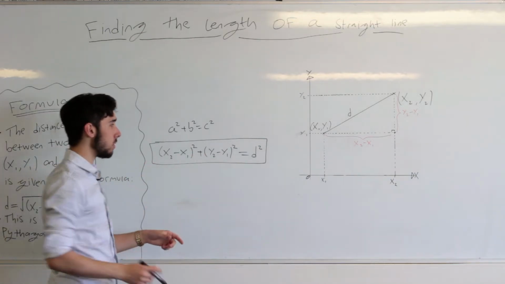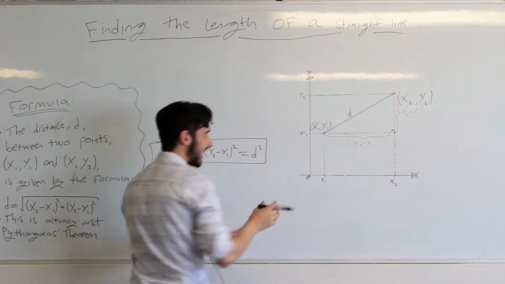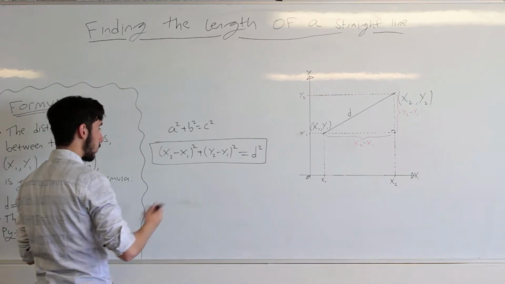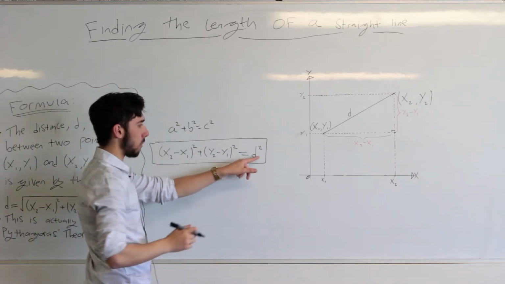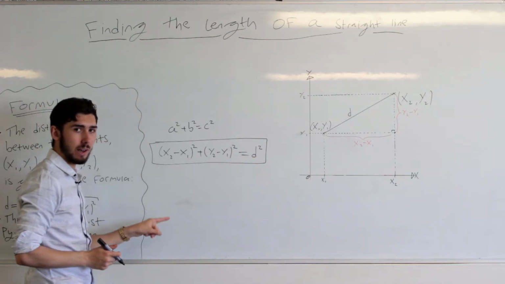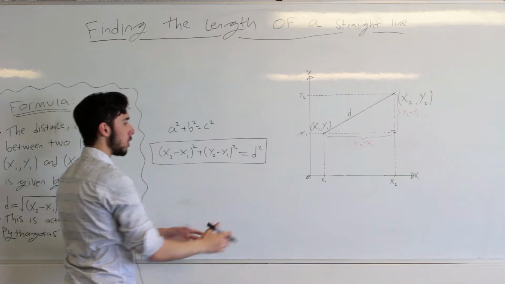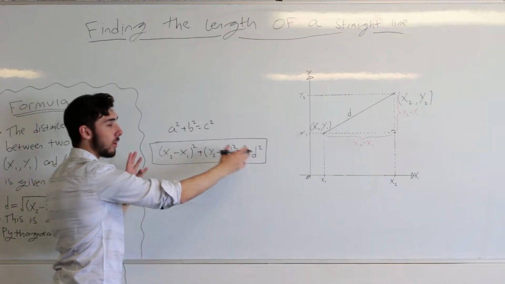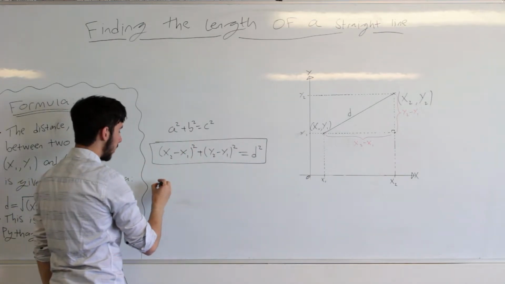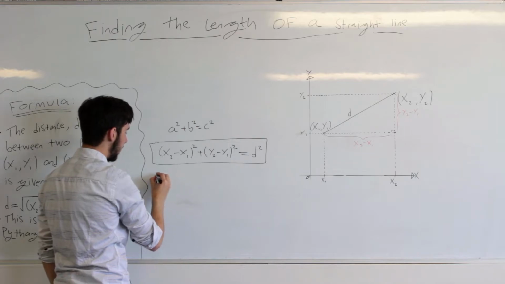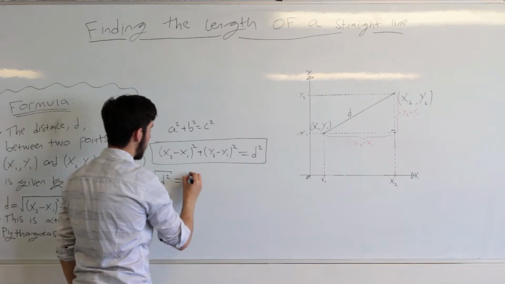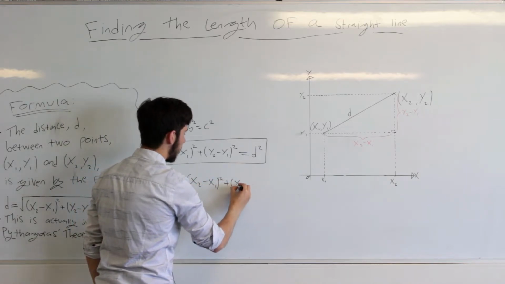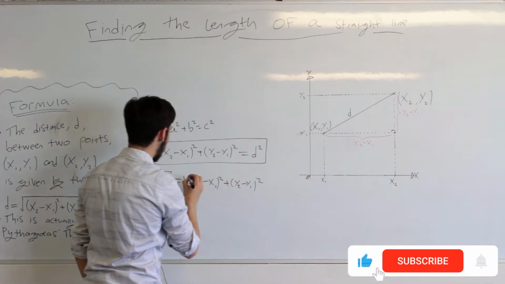Now, all we have to do to go from here to here is simply square root both sides. I'll put d squared on the left-hand side, and move this stuff onto the right-hand side, so that you can see it's identical to the one down here. So swapping the sides round and then square rooting, we get the square root of d squared is equal to the square root of (x2 minus x1) squared plus (y2 minus y1) squared.